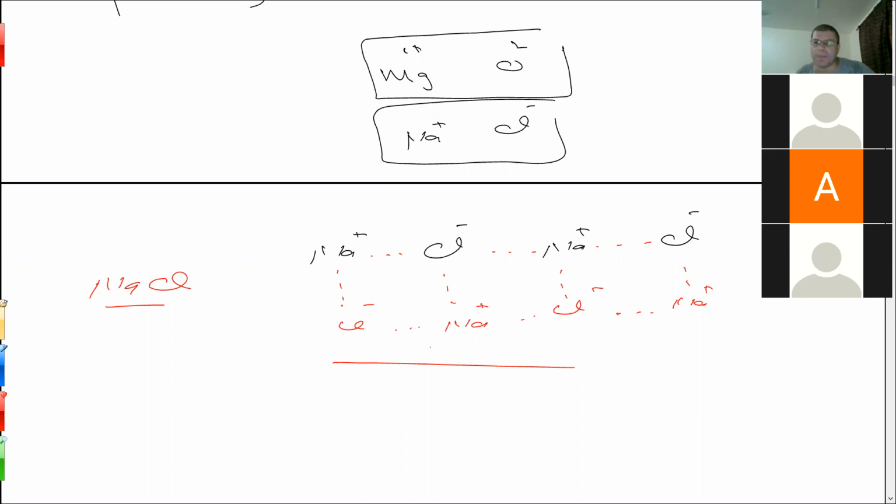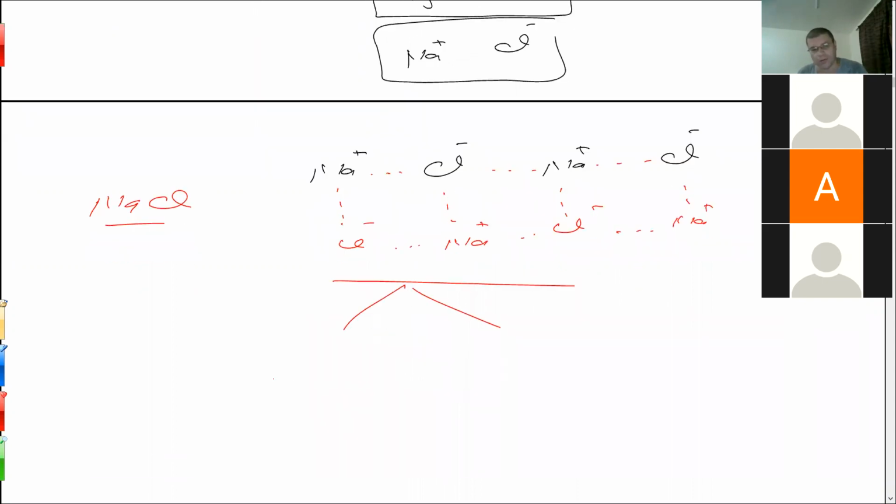Once you separate the ions, how am I supposed to separate these ions? The ions here can be separated and move freely in one of two ways. What are the ways which we have? One of them is dissolving, the other one is melting.